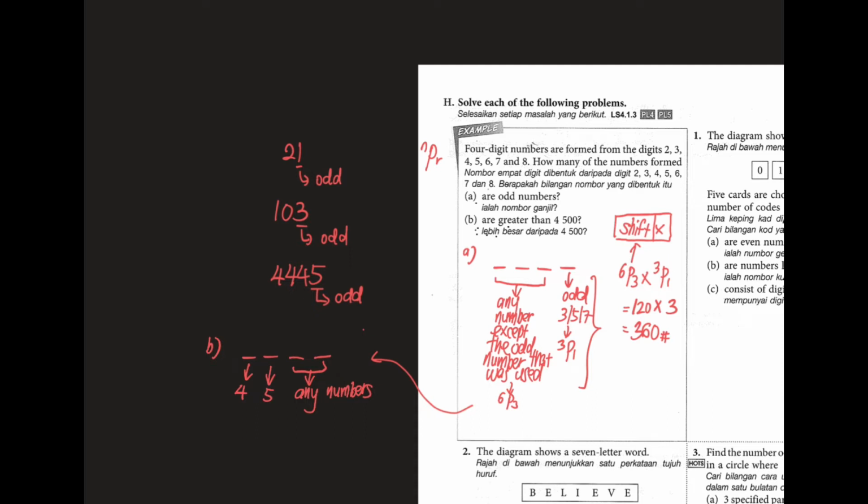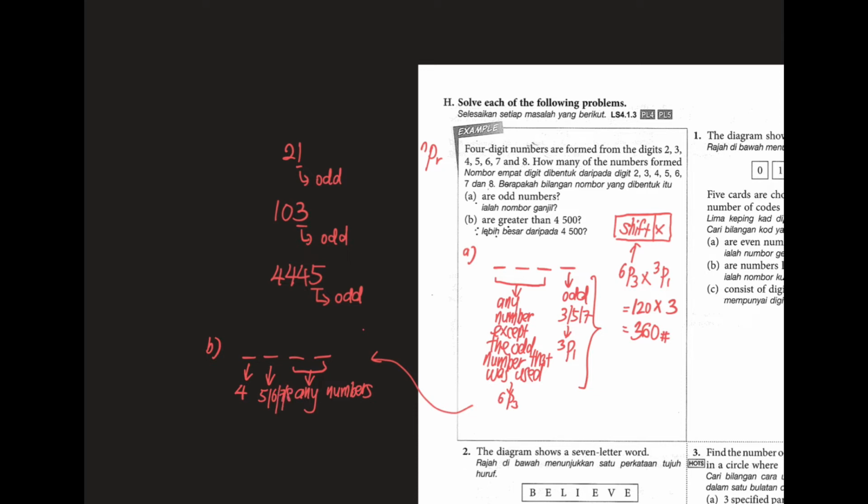Okay, so other than this, there are, let's say, 4,600, 4,700, 4,800, and so on, right? So that has to be considered as well. So in that case, the second position I can put 5, 6, 7, 8.